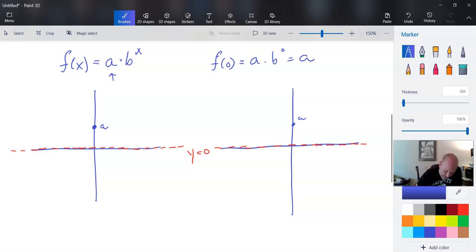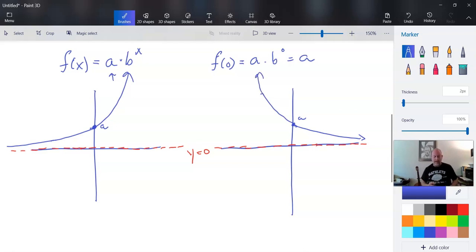What's different is that one of them will approach the x-axis on the left and blow up to infinity on the right. And the other one does the reverse. It blows up on the left. They're mirror images of each other.